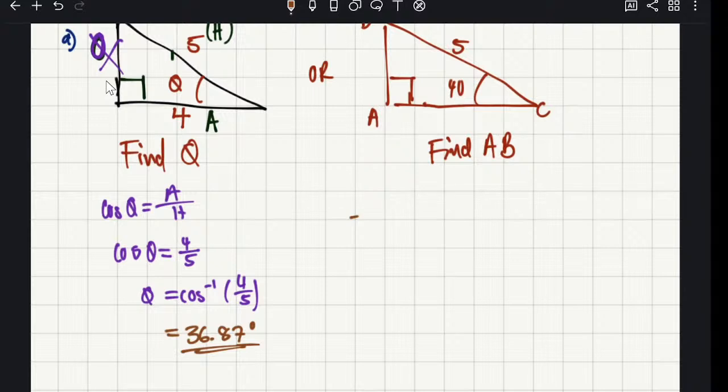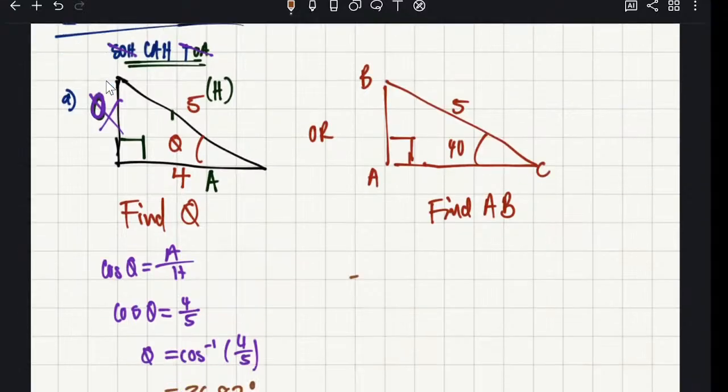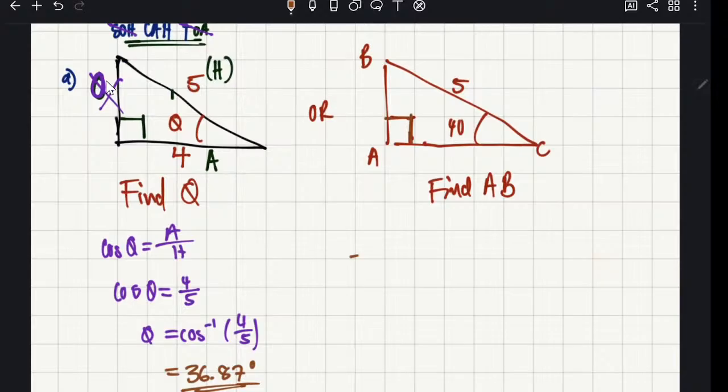Then here we have a situation again. Ilang, can we use Pythagoras here? Look at what we have. We have this 40 degrees, 5. No, we can't use it.